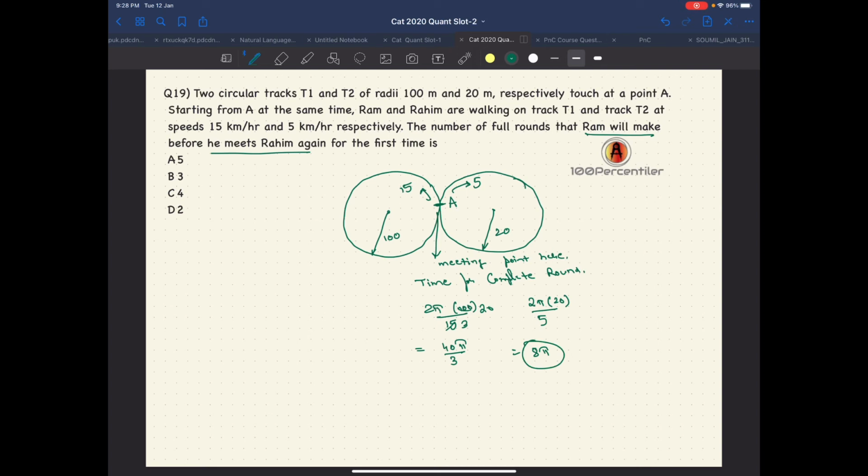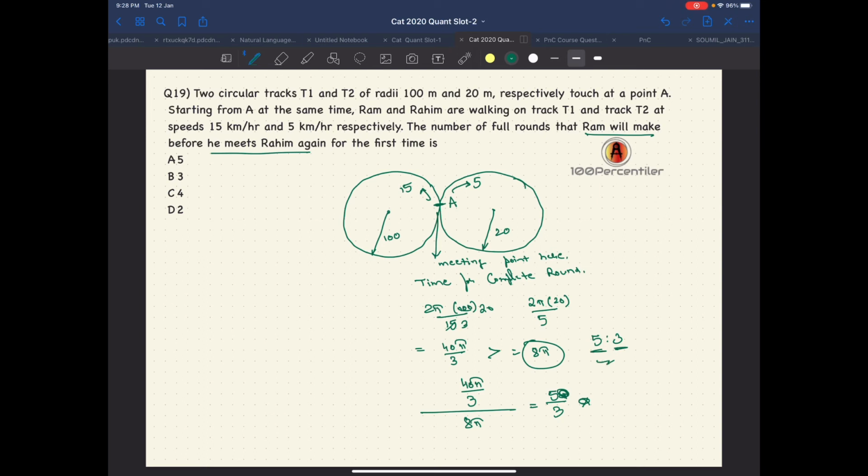Now clearly 8 pi is less than 40 pi upon 3. Therefore 40 pi upon 3 upon 8 pi would be 5 upon 3. So the ratio of their completing times is 5:3.